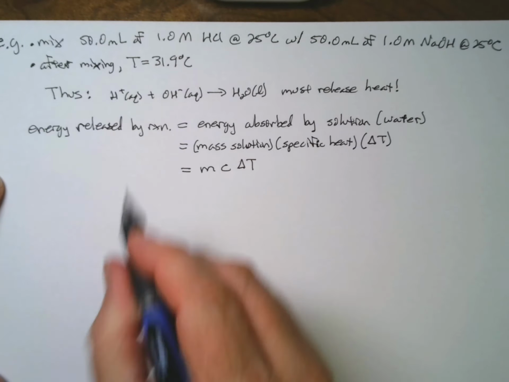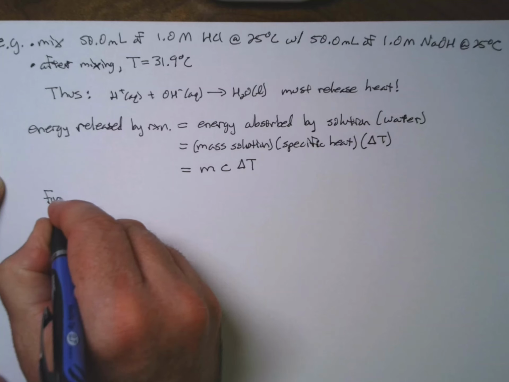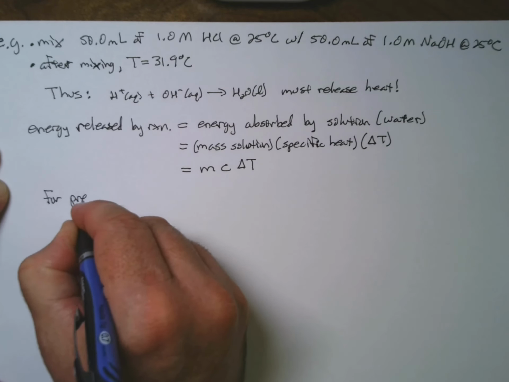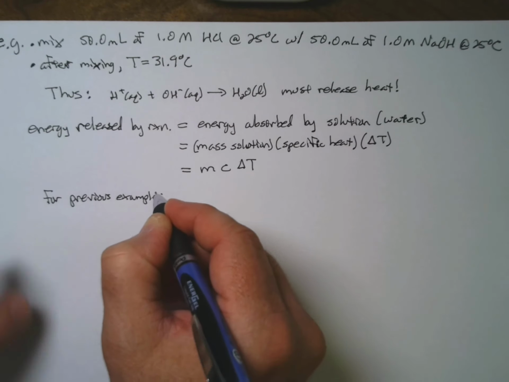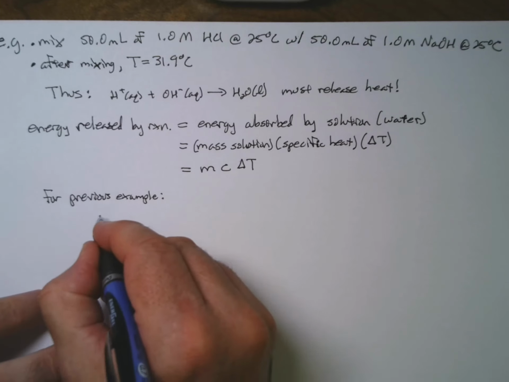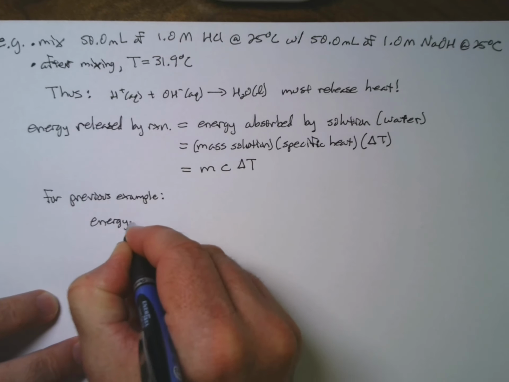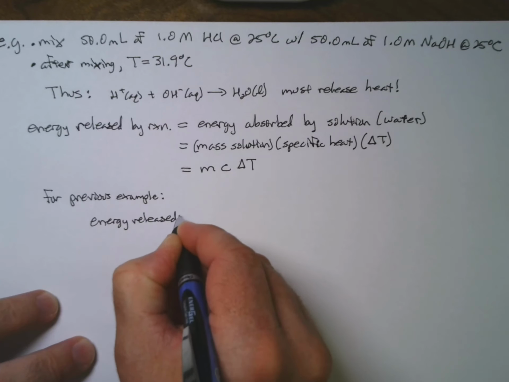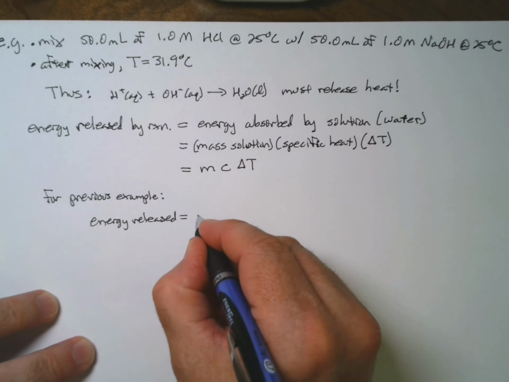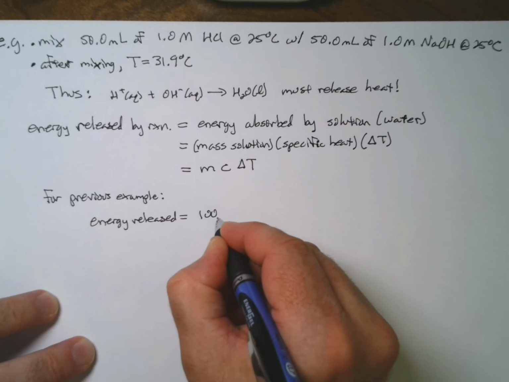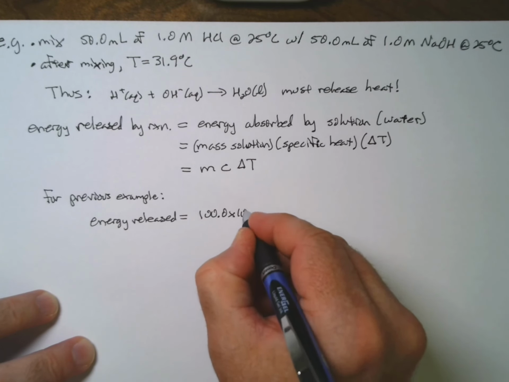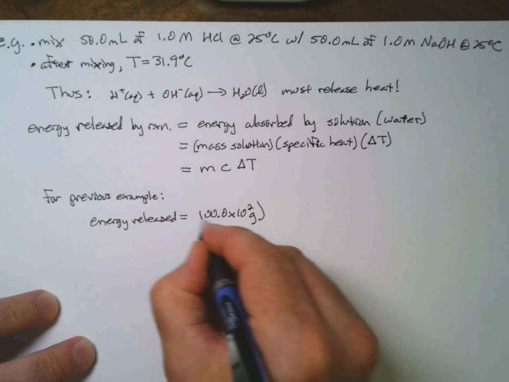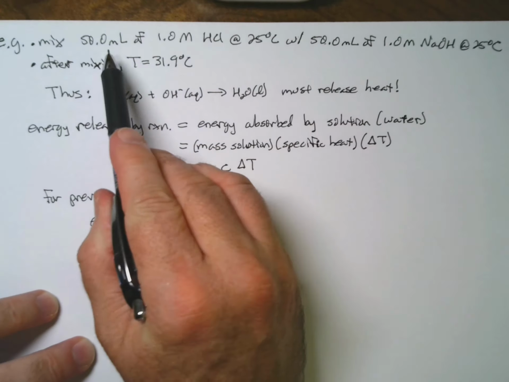So for the example, our energy released equals, our mass is 100.0 grams. We have 50 milliliters and 50 milliliters.